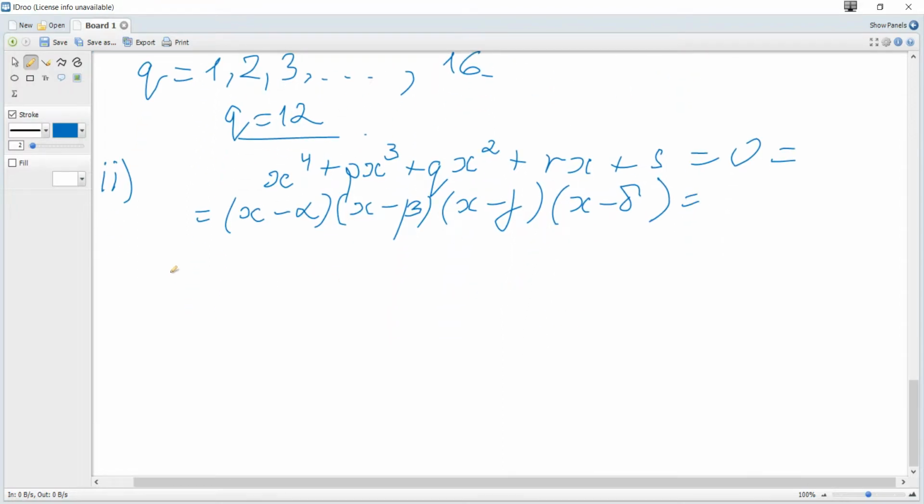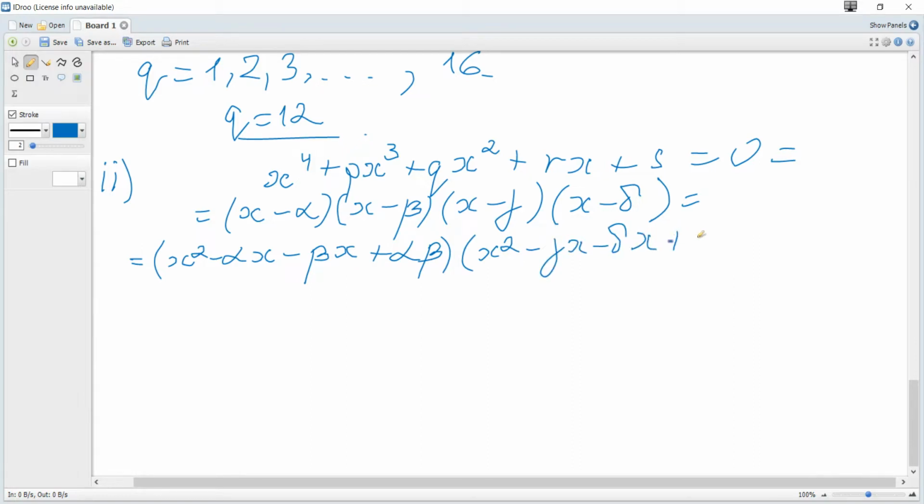And it is equal to x squared minus alpha x minus beta x plus alpha beta, multiplied by x squared minus gamma x minus delta x plus gamma delta. 4 by 4, there are 16 terms in total.